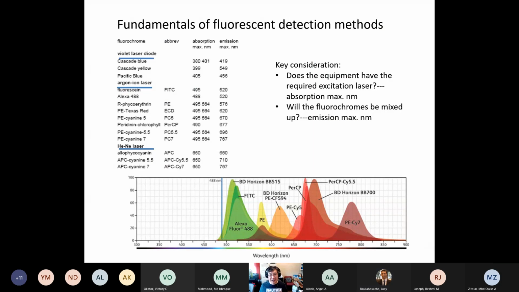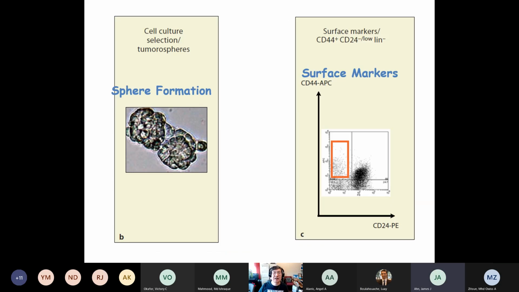Okay. So, could you explain the Lin negative concept again? The Lin negative concept. Yeah. So the name Lin oftentimes is used for the hematopoietic cell lineage. We say something is a lineage marker.